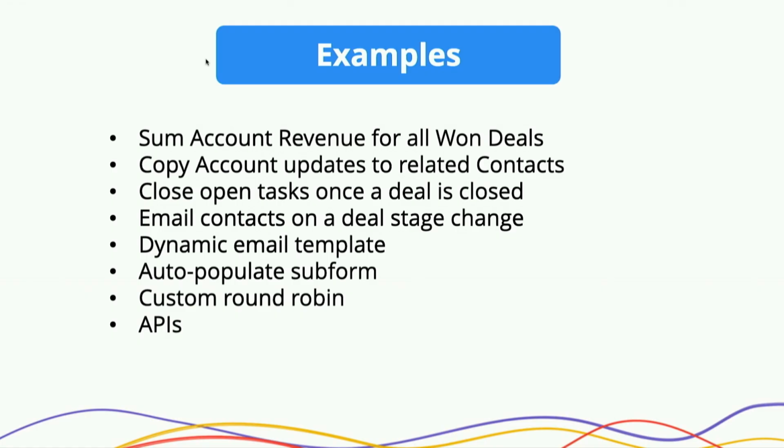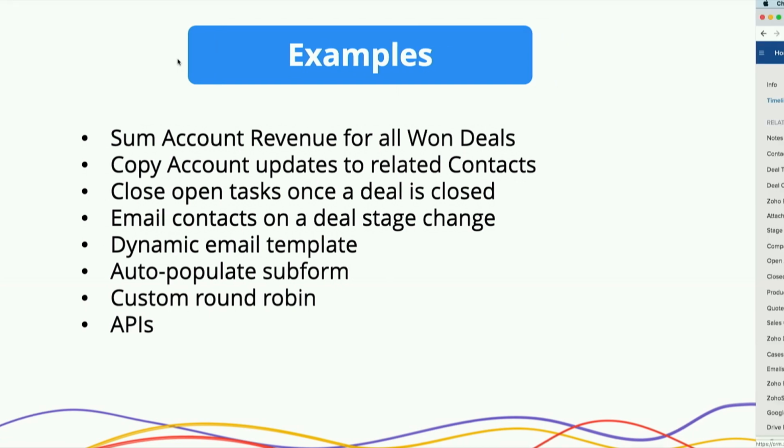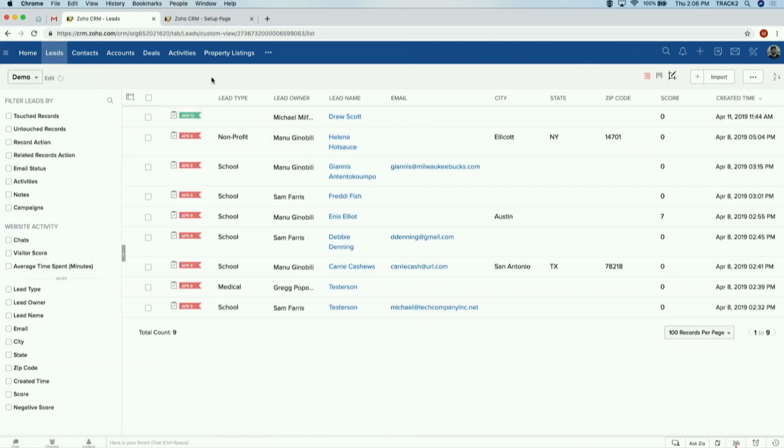Auto-populate subform. This one's really cool. I built this one over the past hour and a half or so while I was watching the other sessions. The idea I came up with is a real estate business. A lead comes in, maybe you got information that they're looking for a house with this many bedrooms, this many bathrooms, and a square footage size.